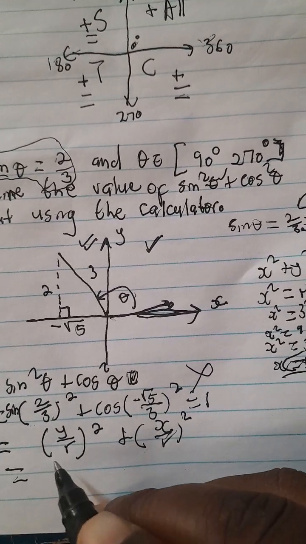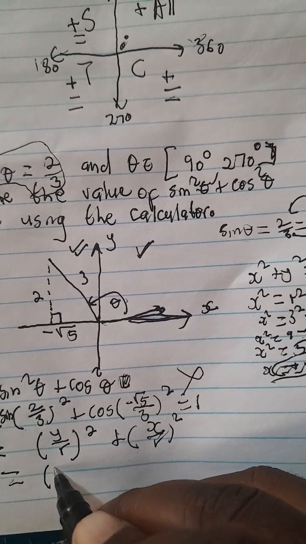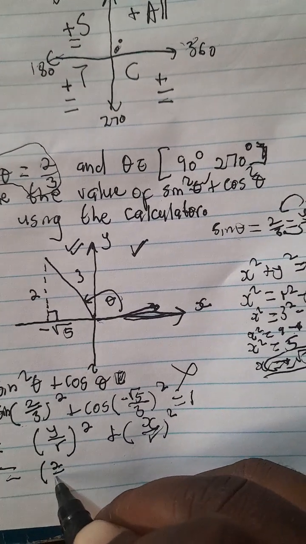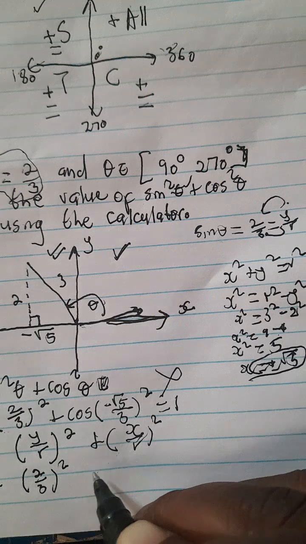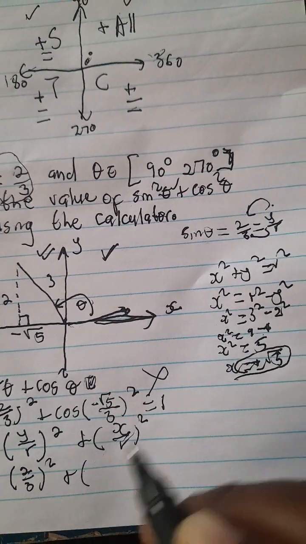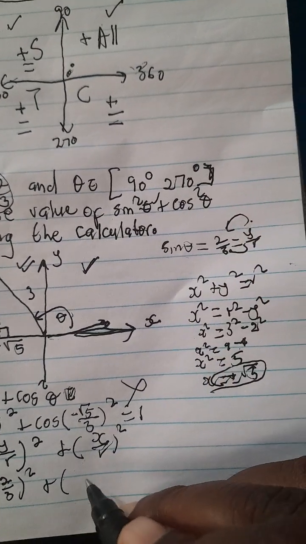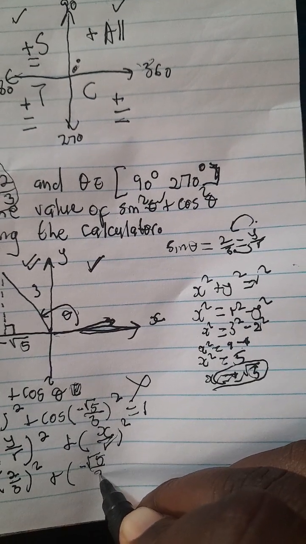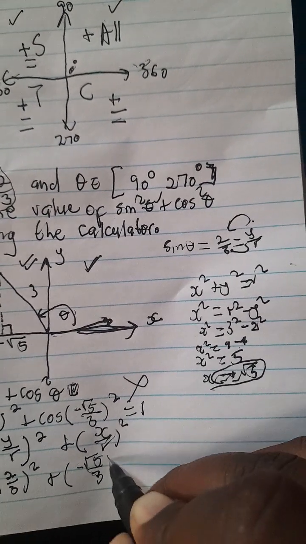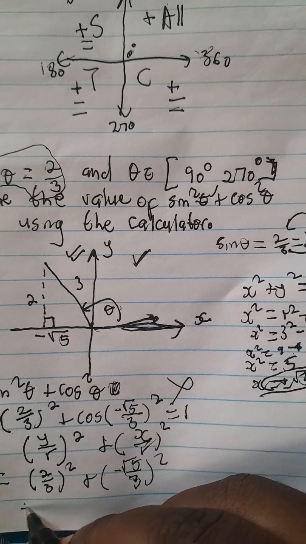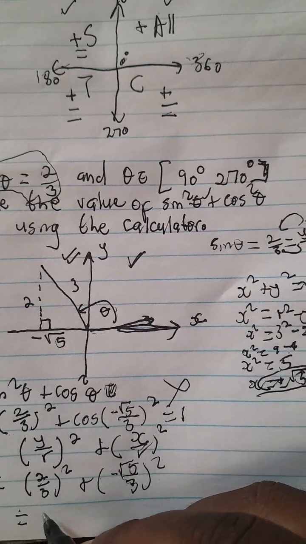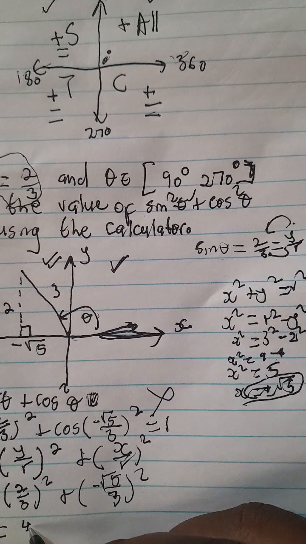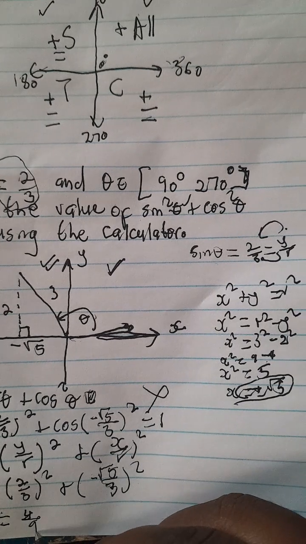Then you substitute the values. What is your y? It's 2, your r is 3, squared there. Then you have your x value there, which is negative root 5 divided by our r, which is 3, squared. Then we know that 2 squared is 4. Then we know that 3 squared is 9.